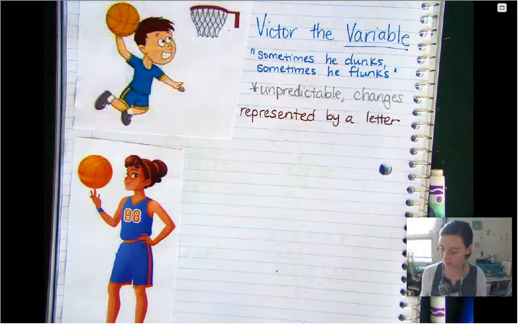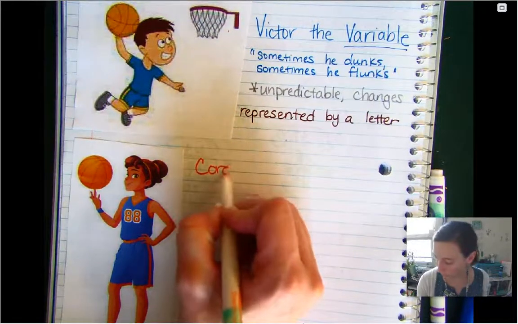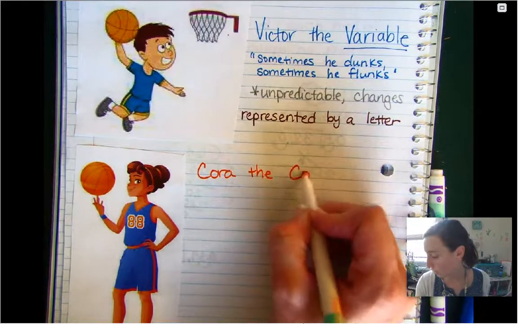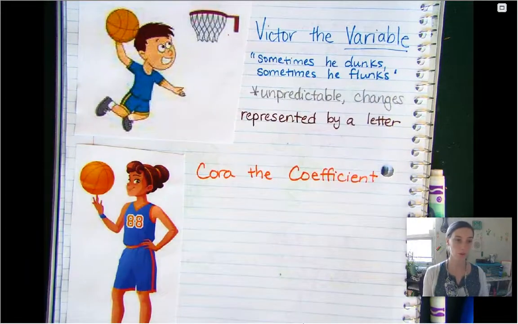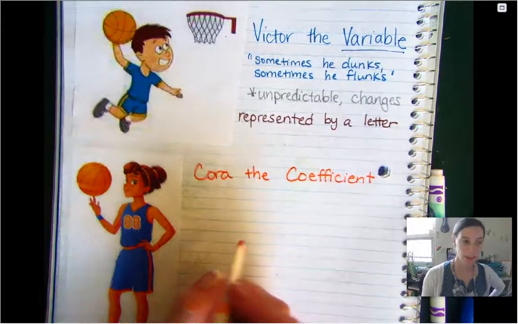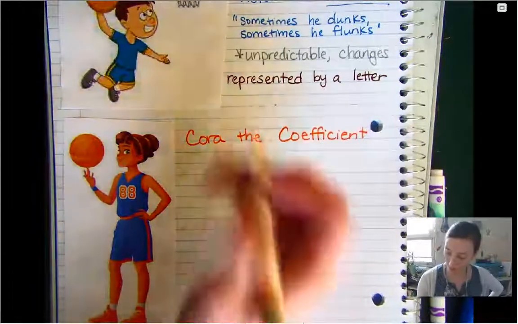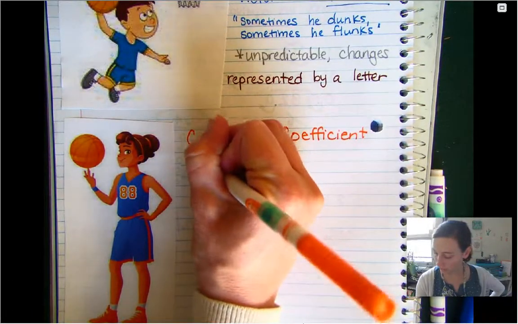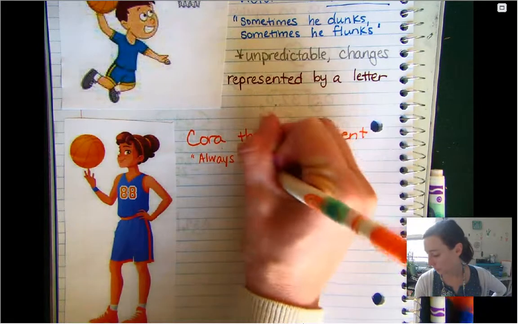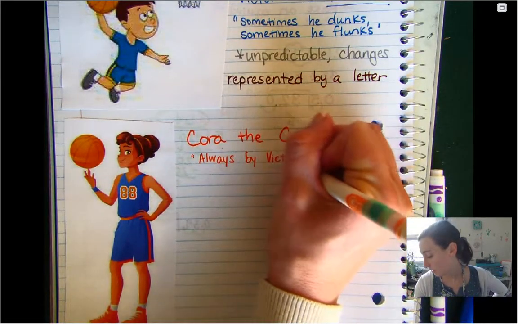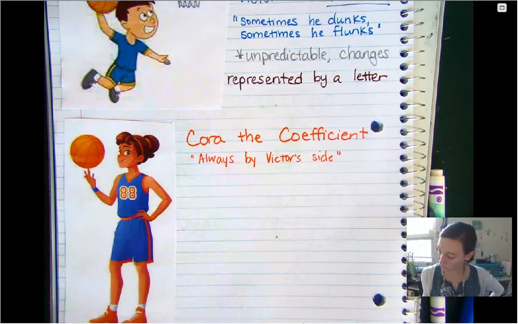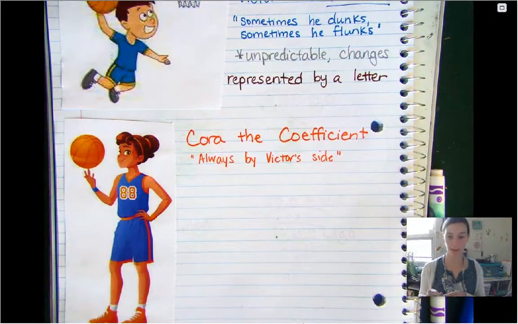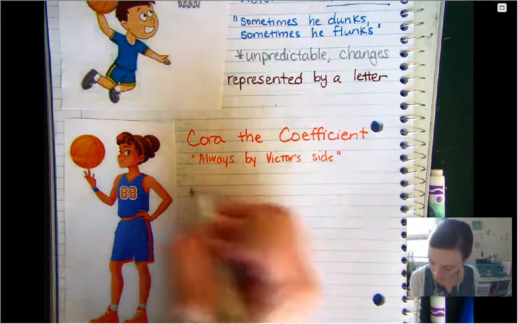Second one, this is Cora the coefficient. Cora the coefficient is a team player. She's always by Victor's side. The coefficient is what we multiply the variable by. And we remember that when two things are right next to each other, that means multiplication.